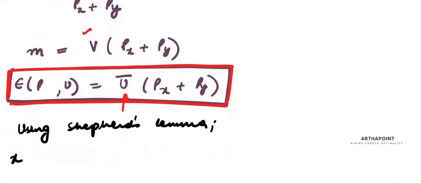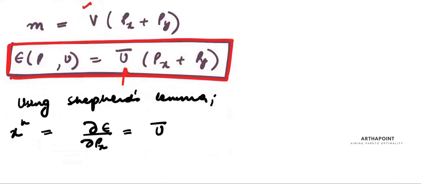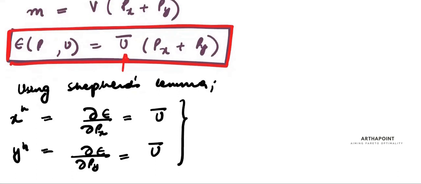Hicksian demand of good X will be del E by del Px, which will be U bar. Hicksian demand of good Y will be how expenditure changes with Py, which is again U bar. So this is my Hicksian demand.